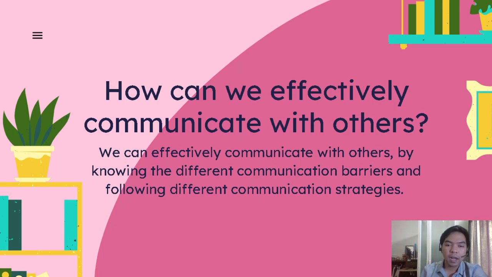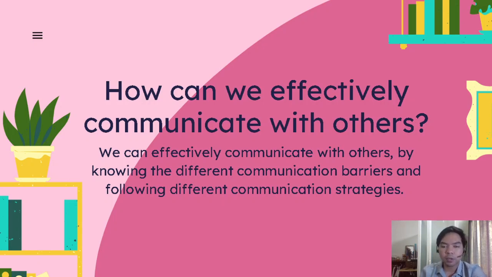Now we can ask how can we effectively communicate with others, since we already discussed the meaning of communication, interpersonal communication, and the different media of communication. So how can we effectively communicate with others? We can effectively communicate with others by knowing the different communication barriers and following different communication strategies.